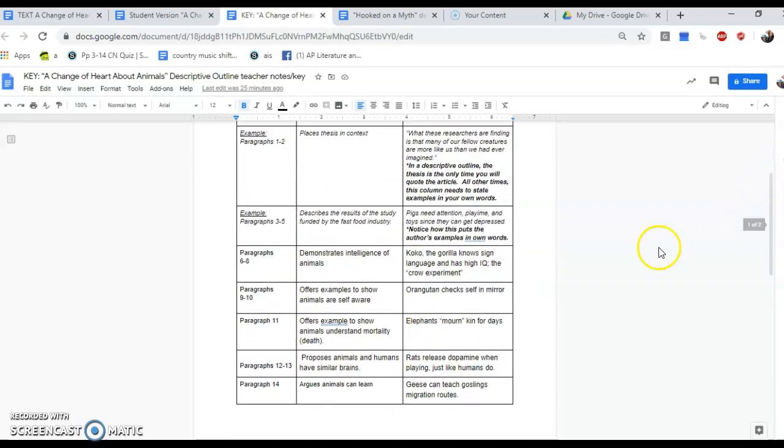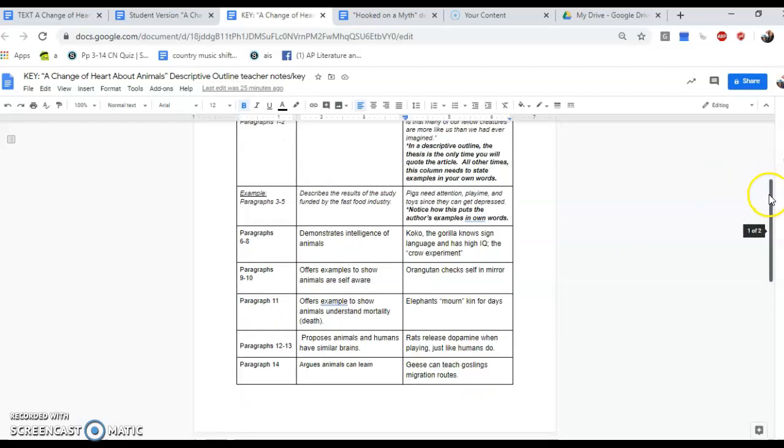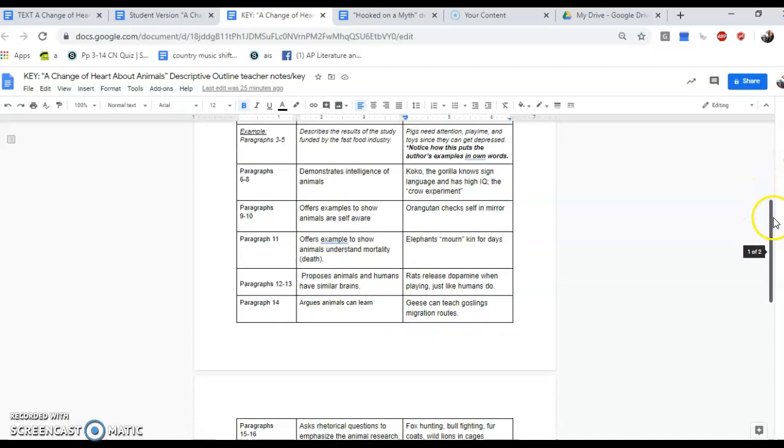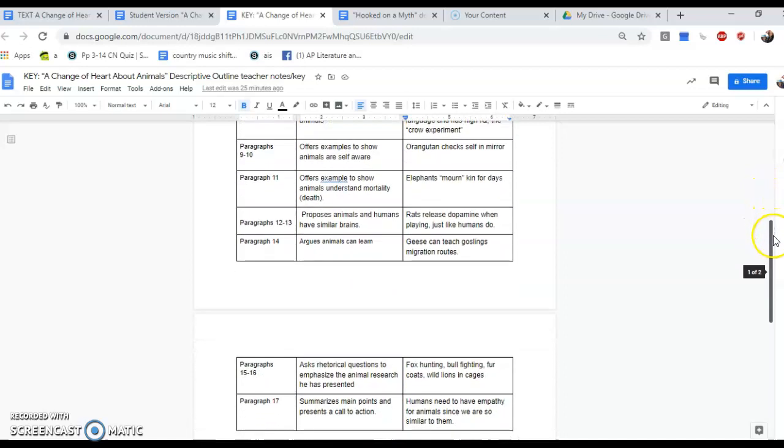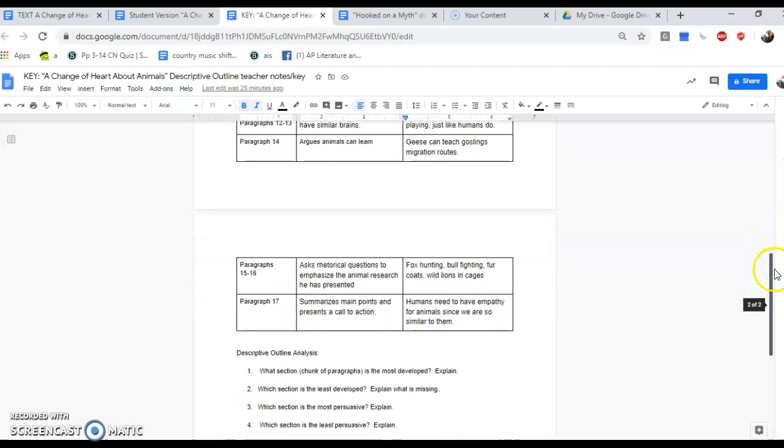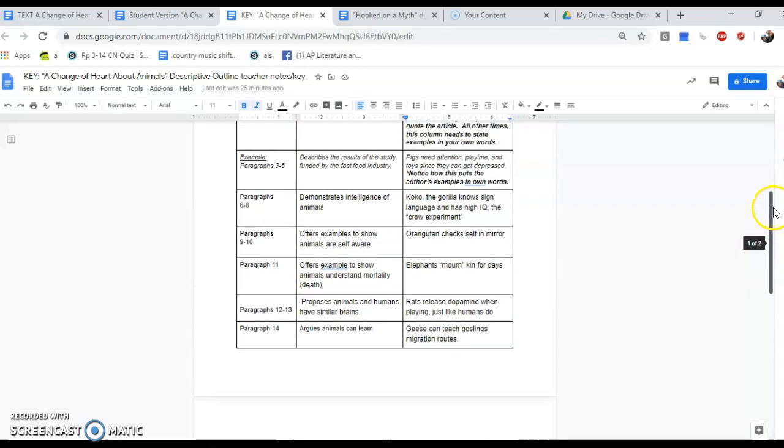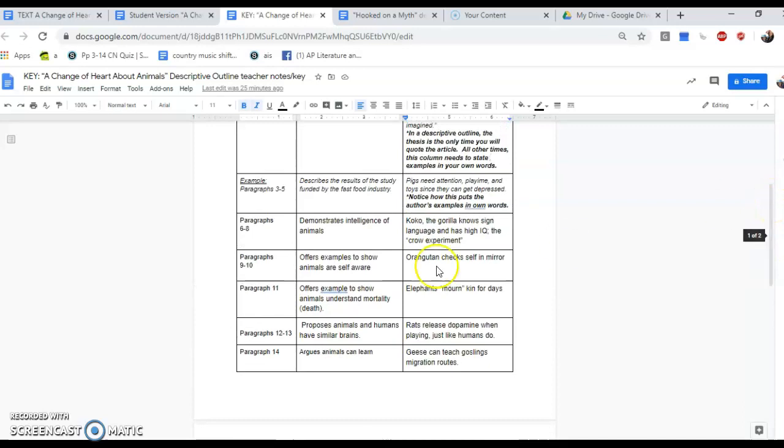I chunked paragraphs 6 through 8 together, paragraphs 9 and 10 together, paragraph 11 by itself, paragraphs 12 and 13 chunked together, paragraph 14 alone, 15 and 16 together, and 17 by itself. So if you could take a moment and check your chart and see if your chunks match my chunks.